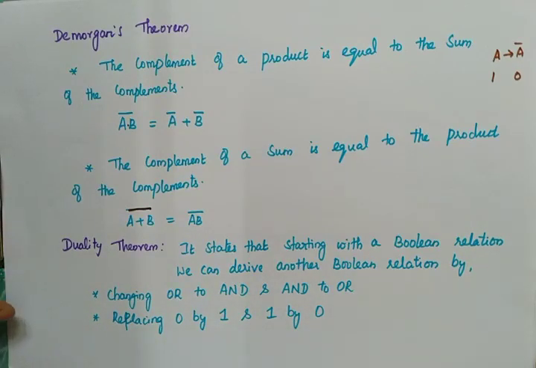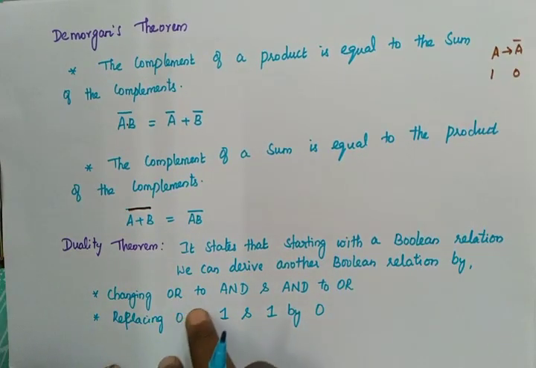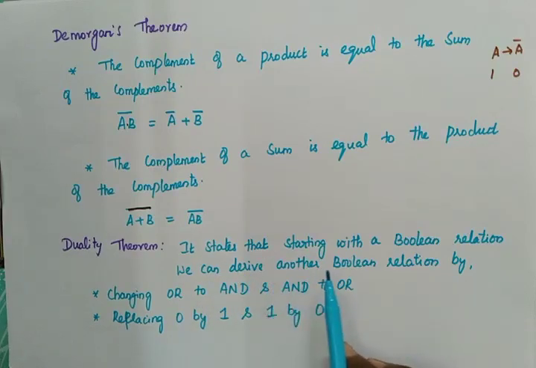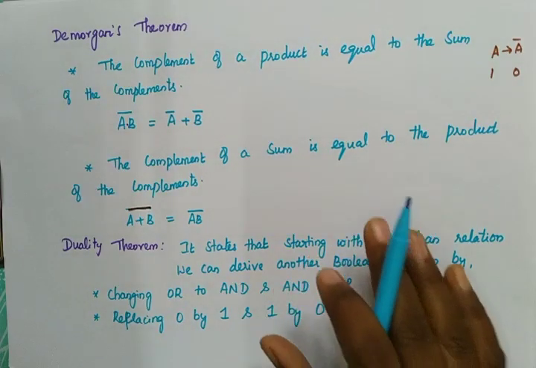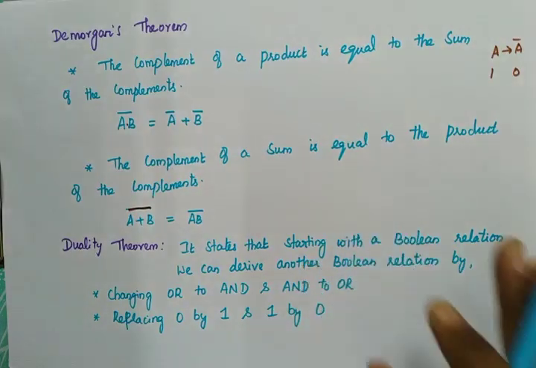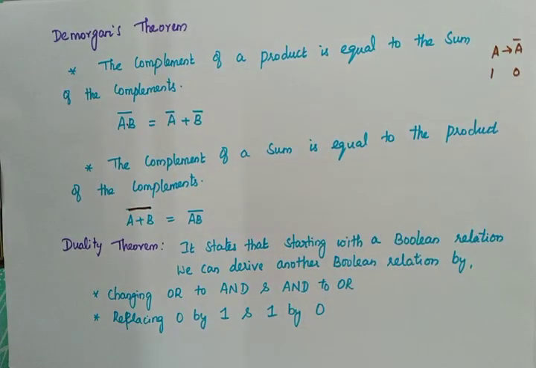Then coming to the next theorem, that is duality theorem. It states that starting with a Boolean relation, we can derive another Boolean relation. So what they are going to say is, if we have a Boolean relation, we can create or derive another Boolean relation. How can we derive? By changing OR to AND and AND to OR.